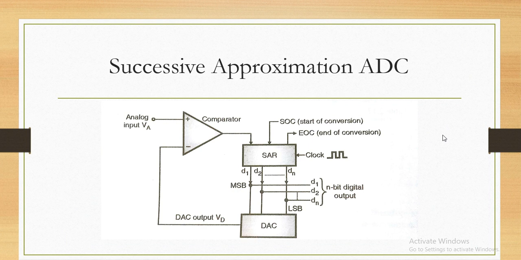When it receives the signal, it will take the output code, the 8-bit output code in this case, from these lines directly, and the SAR will finally hold the value and the process will be completed. Whenever we have to start a new process, we have to send the start of conversion.